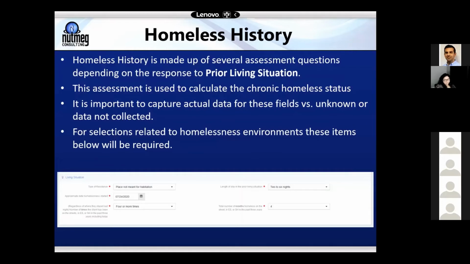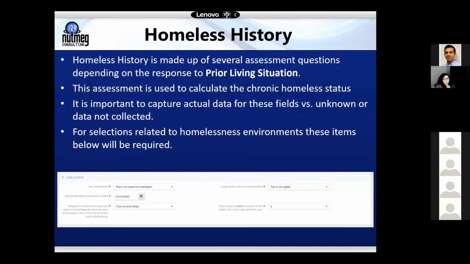And HUD also wants accurate chronic homeless counts. And again, that's why we get into that conversation of it's important to understand the episode prior to admission and work backwards from there.